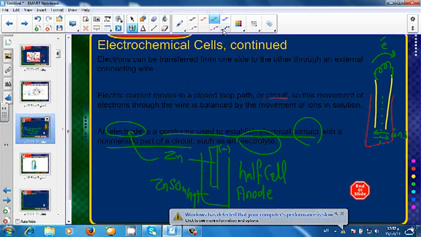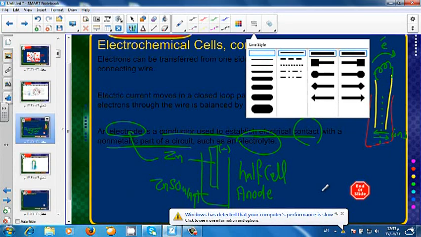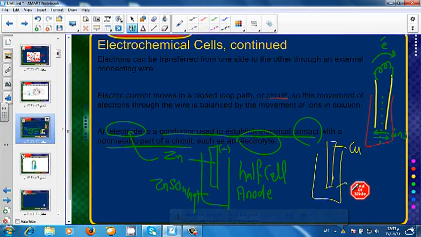Applying the same for the other half cell, if I'm talking about the copper electrode, I have here the copper immersed in copper sulfate solution, aqueous.